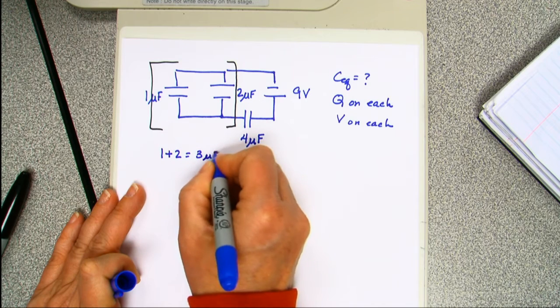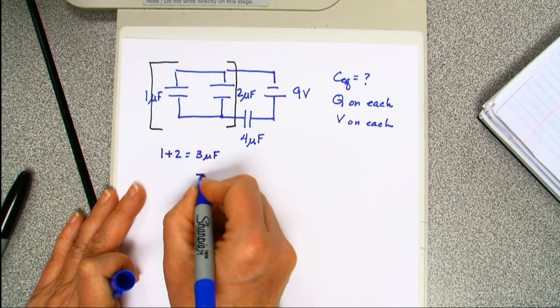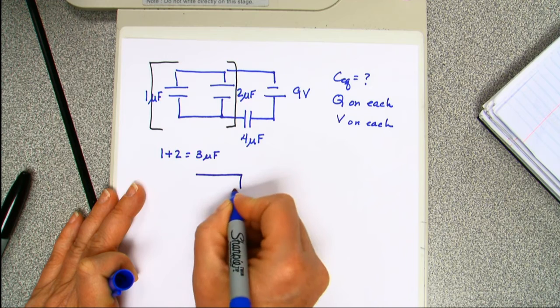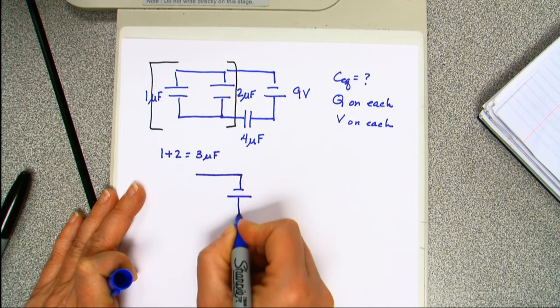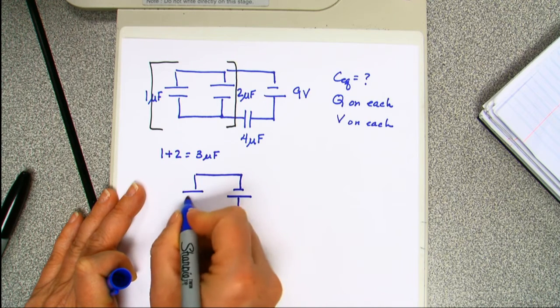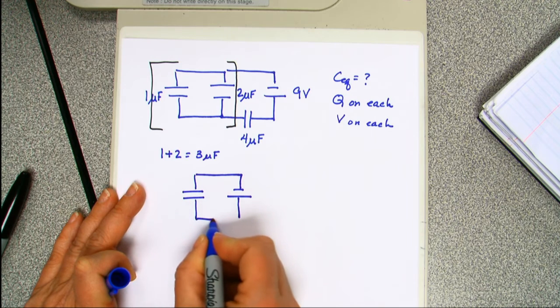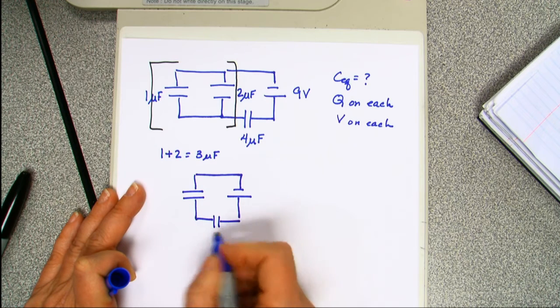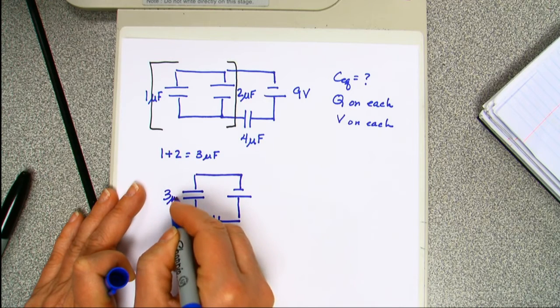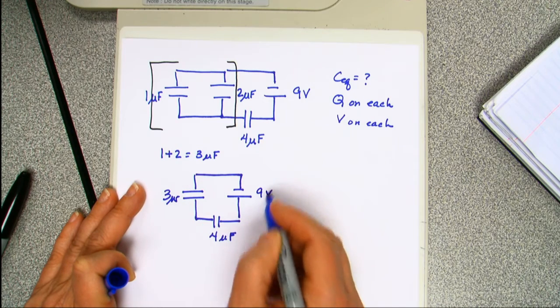And that's going to be microfarads. So now I can redraw my system. So this is 4, and that's 3, and that's 9 volts.